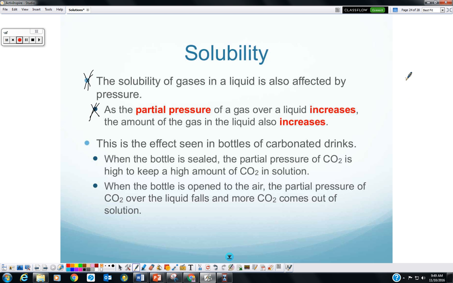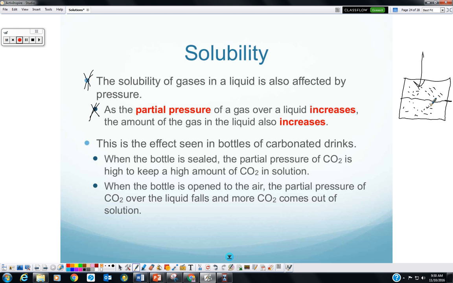So we can think of it this way: if we have a container with a liquid and a gas in here, if we increase the pressure, we're going to force more of that gas inside the liquid.